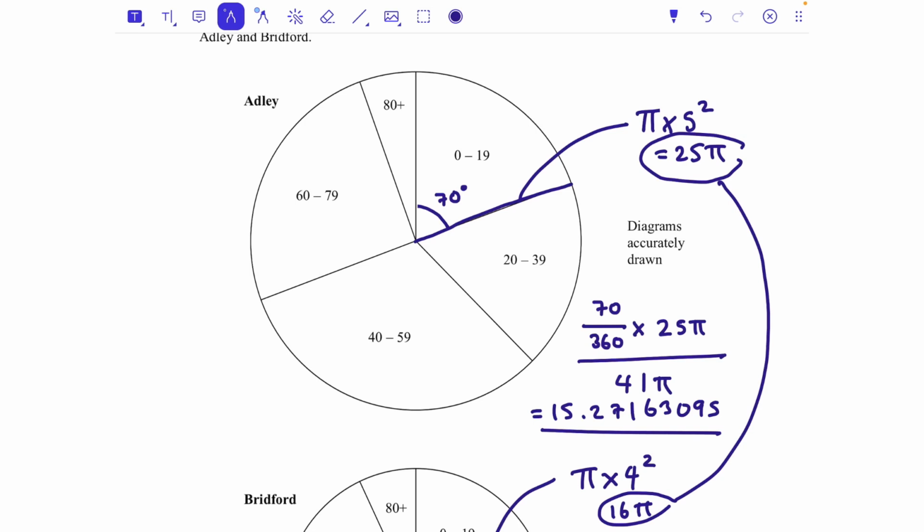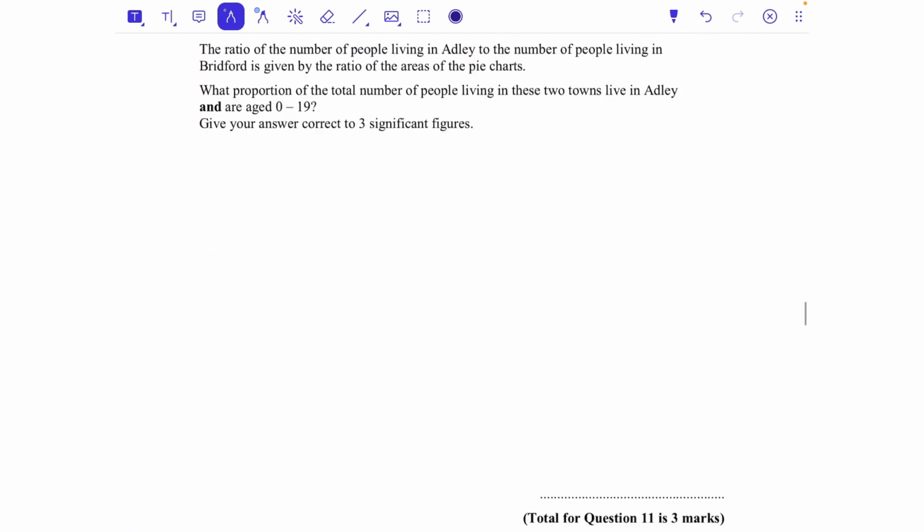And then I'm going to divide that by the total amount, which is 41 pi. That's what it's out of altogether. So divide that by 41 pi, and that is 0.11856. So it's going to be 0.119, correct to 3 significant figures. Okay, quite a tricky one, that one.